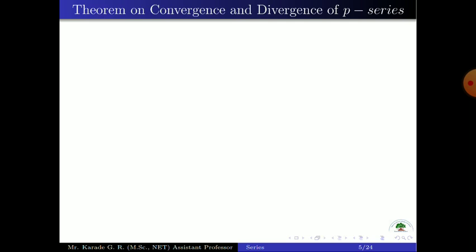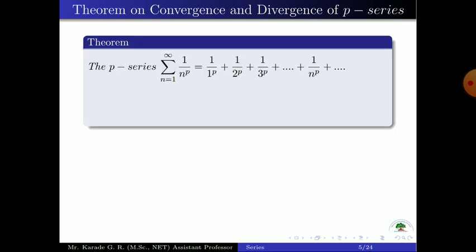Now let us see the theorem on convergence and divergence of P series. The statement of the theorem is: if the P series summation n equal to 1 to infinity 1 upon n raised to p equals 1 upon 1 raised to p plus 1 upon 2 raised to p plus 1 upon 3 raised to p plus dot dot dot plus 1 upon n raised to p plus dot dot dot, where p is greater than or equal to 0, then this P series converges if p is strictly greater than 1, and this P series is divergent if p is less than or equal to 1.